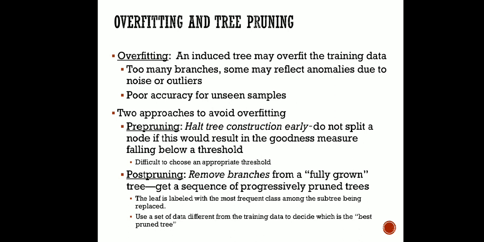Overfitting is what? An induced tree may overfit the training data. Here the possibility of selecting more features is maximal, right? Instead of discarding most of the features, we are taking most of the features for building the model.